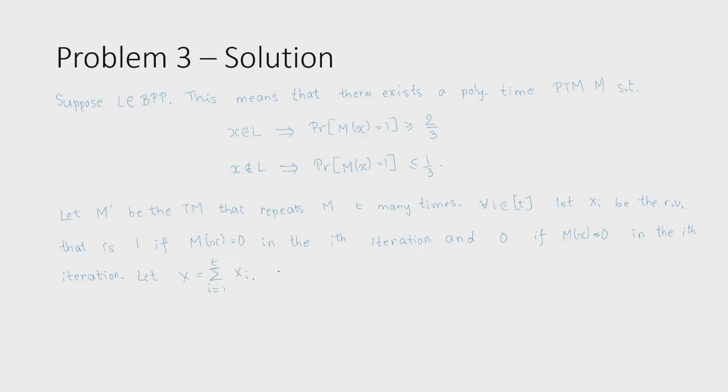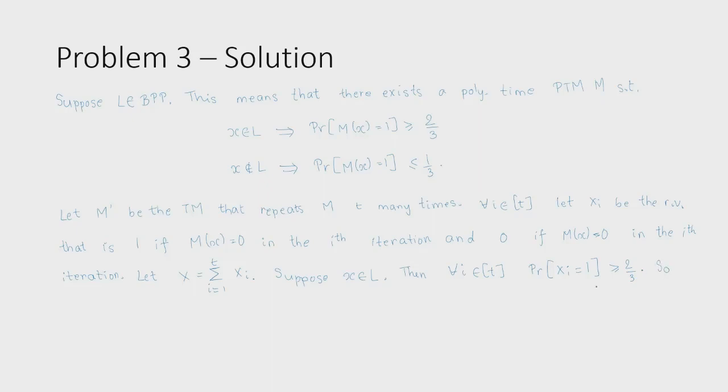So suppose there is x, small x is in L. Then for all i in t, what is this probability? This is at least 2/3, right?